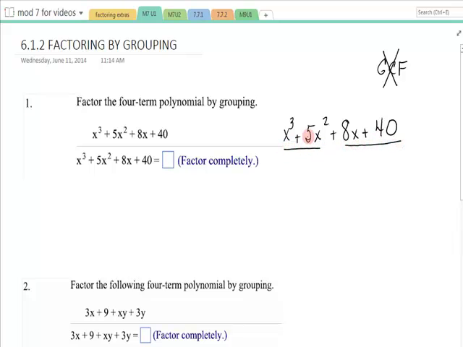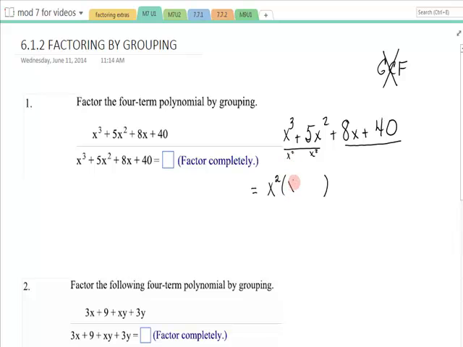And I'm going to underline the first pair and the second pair. Look at the first pair. Is there a common factor just in this first pair? Yes, I see x in both of them, and I can take only up to x squared because I'm treating this as an independent little group. So if I factor out an x squared, I can put the x squared under here to do my division.